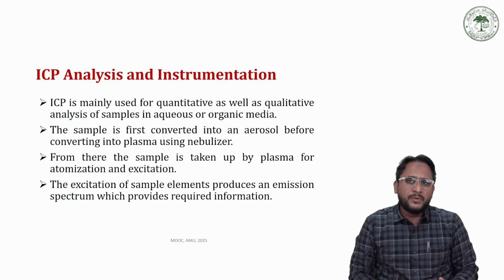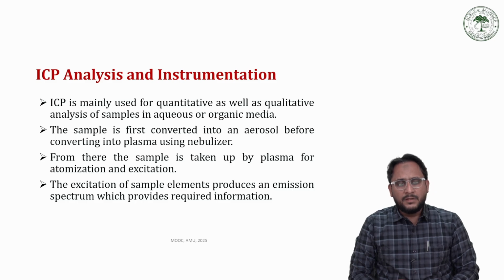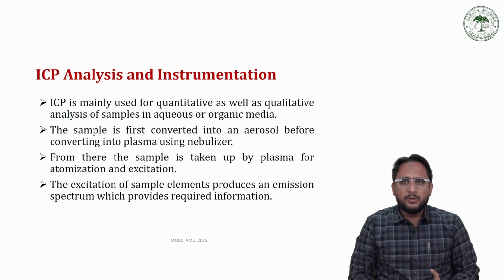Since ICP is useful for multiple element analysis simultaneously, instead of a monochromator we can also use a polychromator. With a polychromator we do not use photomultiplier tubes as a detector, because one photomultiplier tube can analyze one element at a time.